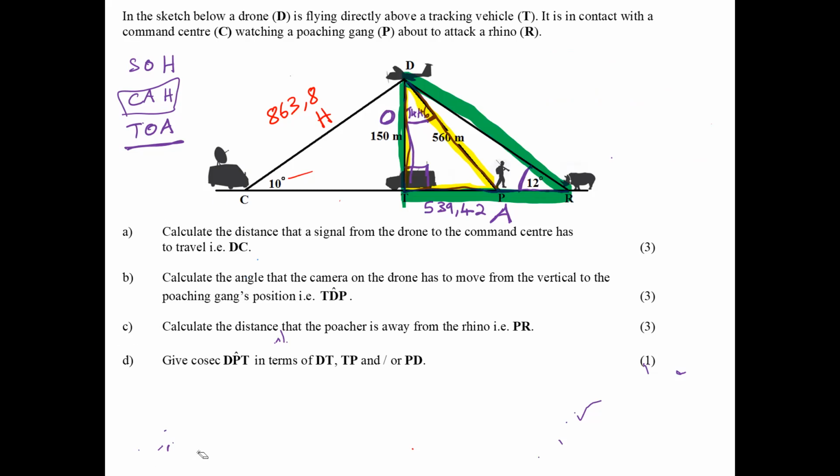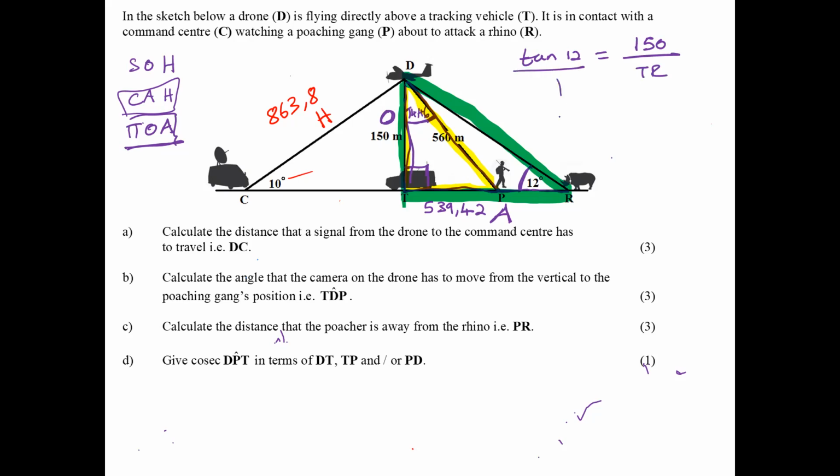And from SOHCAHTOA, somebody said TOA, totally correct. So we're going to say tan, looking from 12 degrees, will be equal to opposite, which is 150, over the adjacent side, which we don't know, is TR.